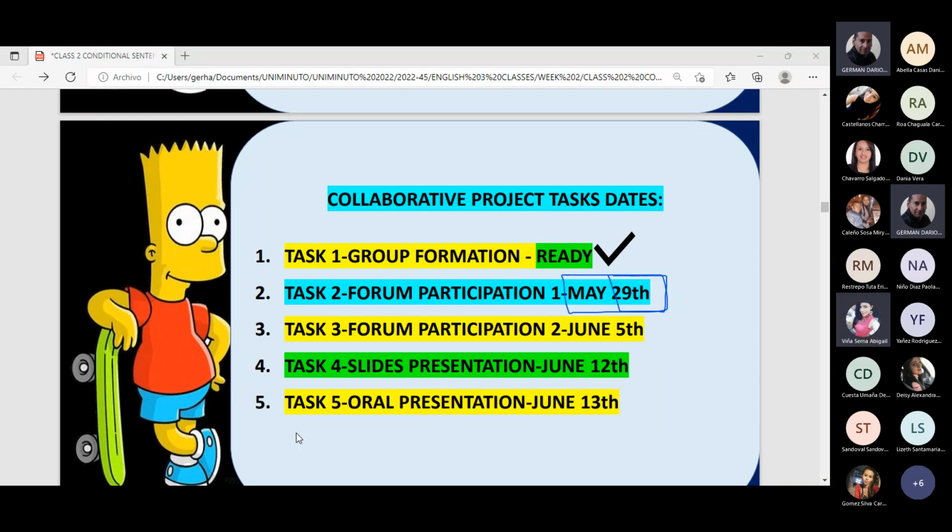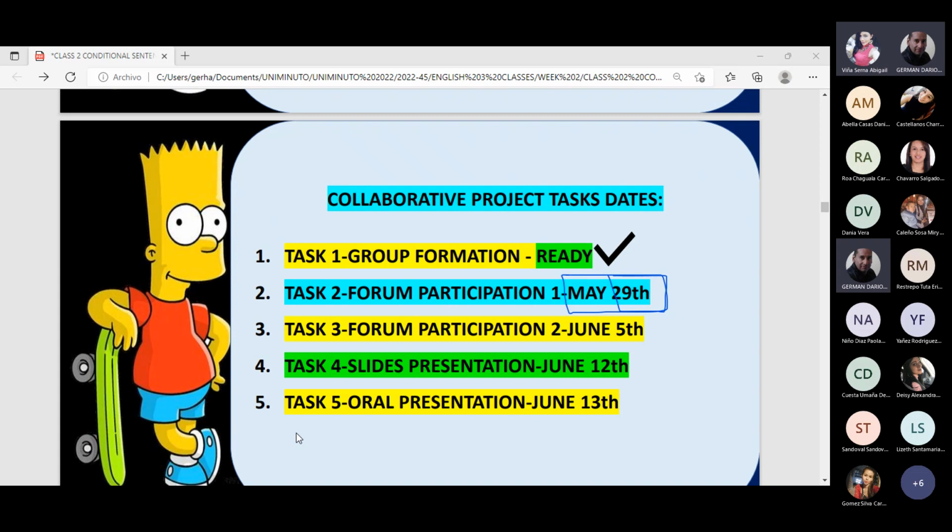Hi, teacher. Hello, tell me, Abigail. Creo que yo tengo una pregunta. Esta diapositiva que nos muestras, ¿está en alguna parte? Para remitirnos y tener presente como las fechas. Bueno, yo la voy a subir entonces, ¿listo?